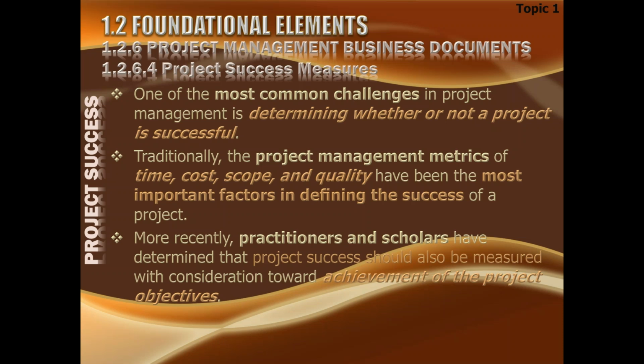More recently, practitioners and scholars have determined that project success should also be measured with consideration toward achievement of the project objectives. So success is related to the achievement of your project objectives. It can be measured against the achievement of objectives.